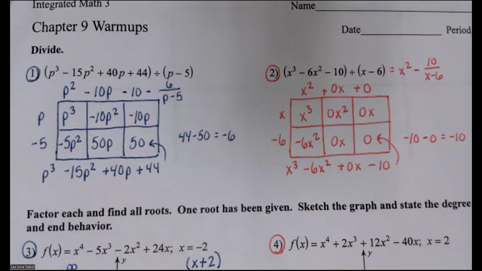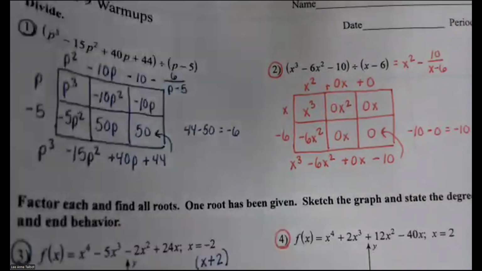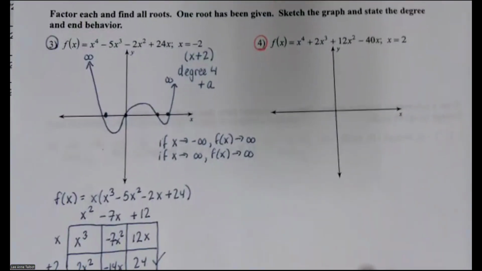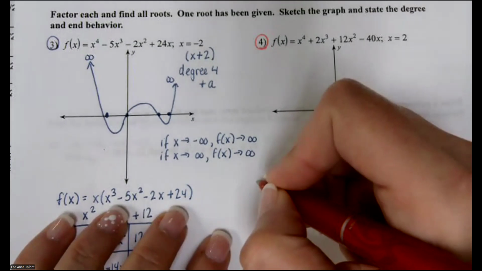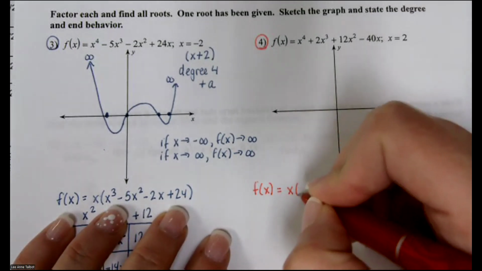Okay, next one, number 4. I feel like number 4 is not going to be factorable. Do you feel it? I feel it. I feel like the last one was just so perfect. Not going to happen again. Okay, first I noticed that there's a greatest common factor of x, so I'm going to take that out.